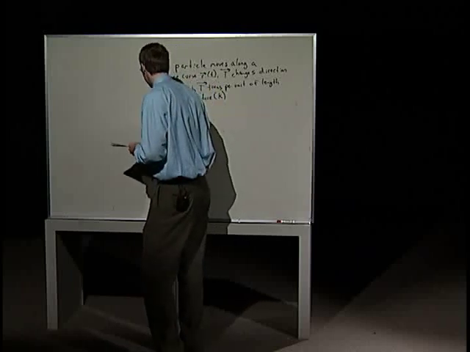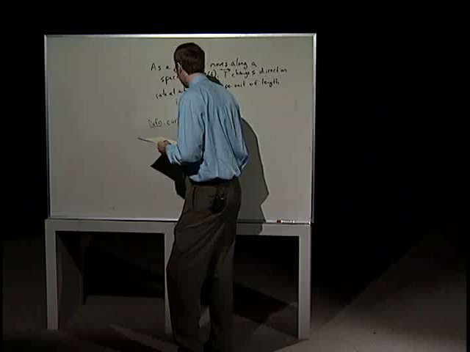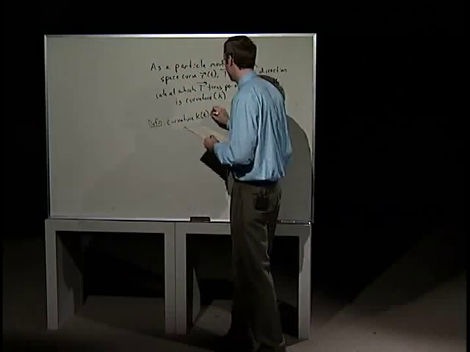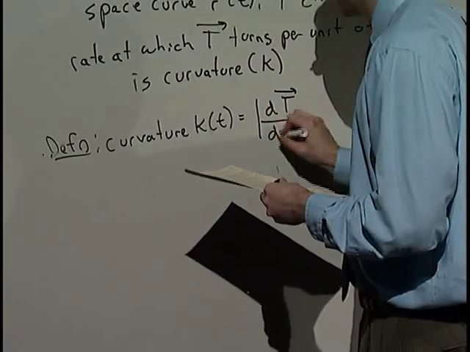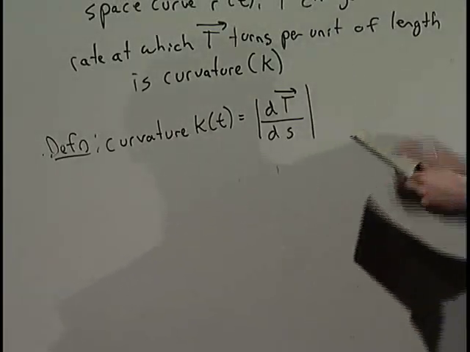So, definition. The curvature at time t, K of t, is equal to the length of the derivative of capital T with respect to S, dT/ds, as such.